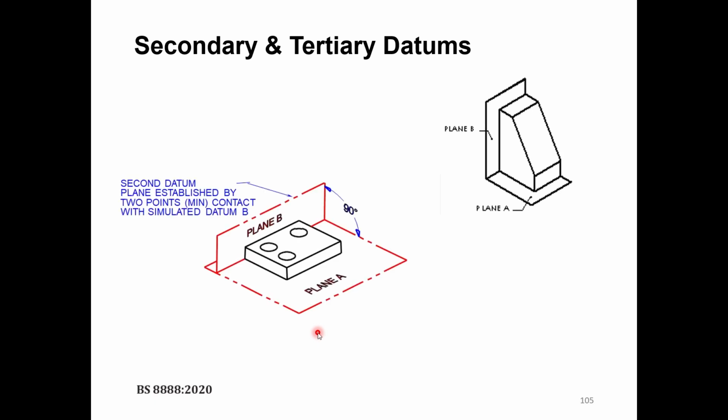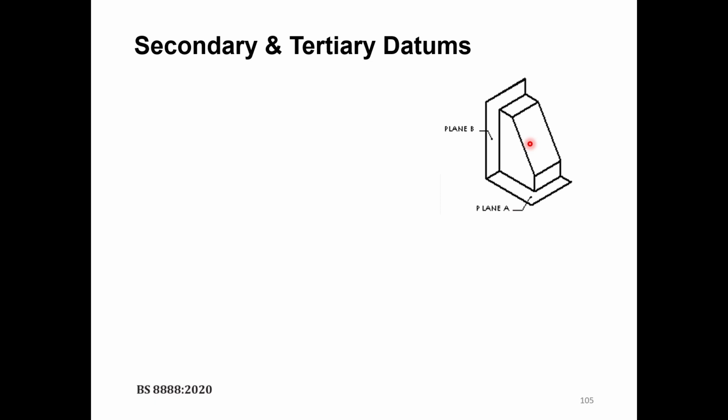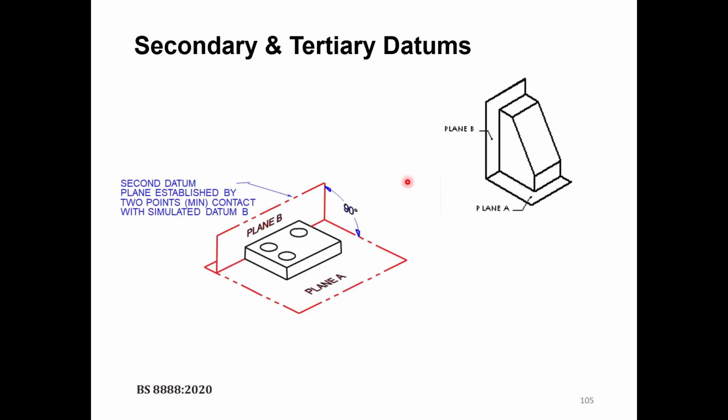So in this view here, we have the primary datum A, we have the secondary datum B, and they are 90 degrees to one another, and having this datum as well means that we've started restricting more degrees of freedom of the part. So in here, it restricts 10 degrees of freedom.